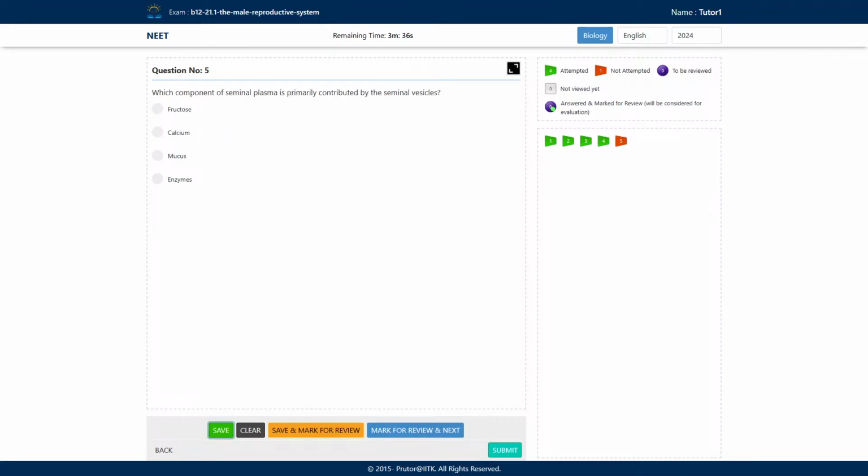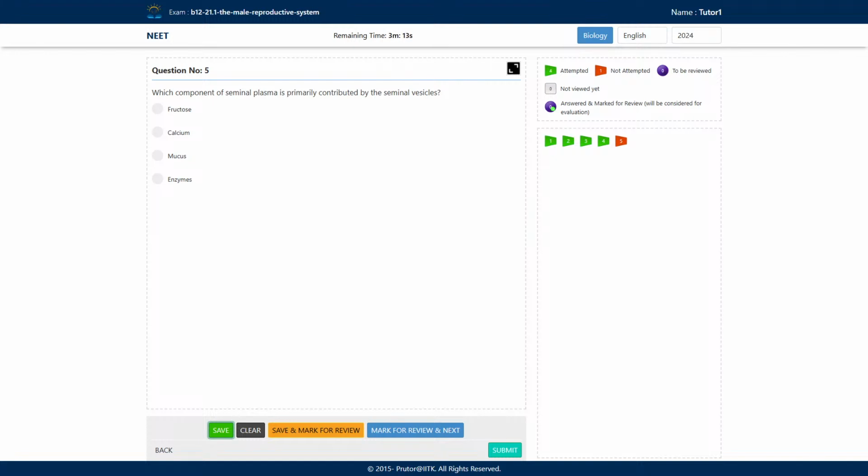The next question, which component of seminal plasma is primarily contributed by the seminal vesicles? Okay, seminal vesicles are accessory glands. Apart from seminal vesicles, the prostate gland and bulbourethral gland are also accessory glands.